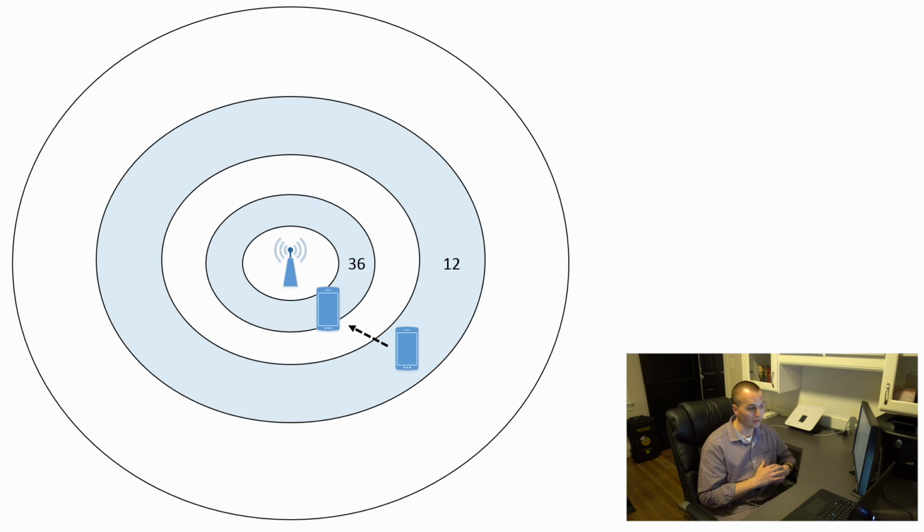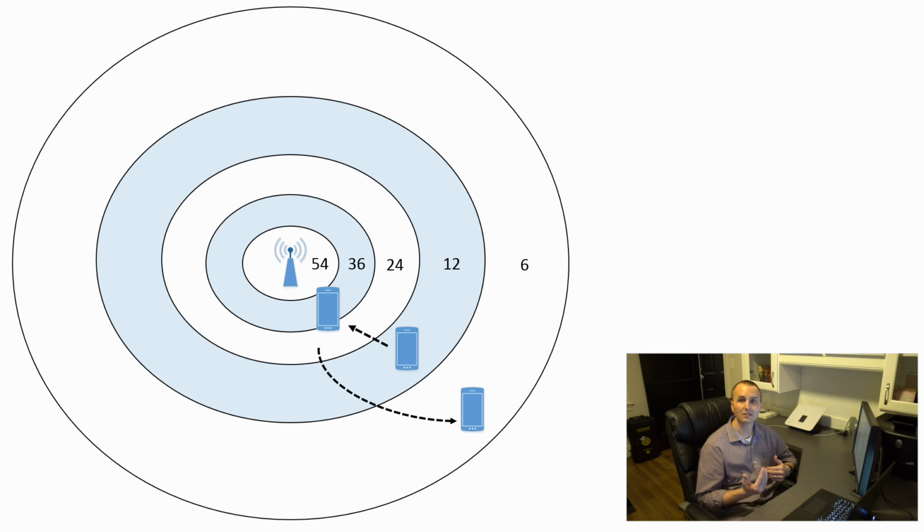And in this case, the client has now improved its data rate to 36 megabits per second. But once again, we're mobile, so that client has decided that it needs to move again. And this time the client has moved to the edge of this AP service area. Now the client, as you can see, the client's data rate has reduced to 6 megabits per second.